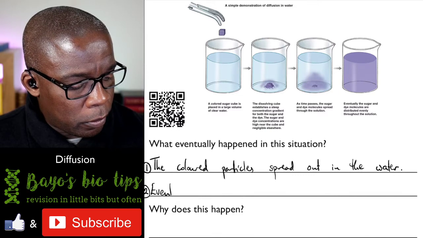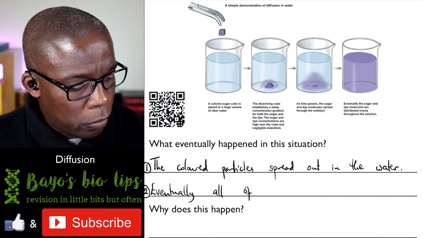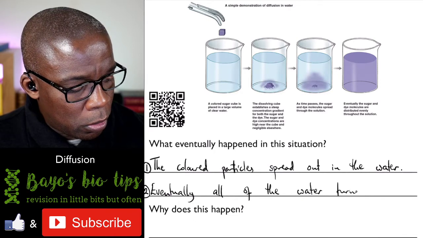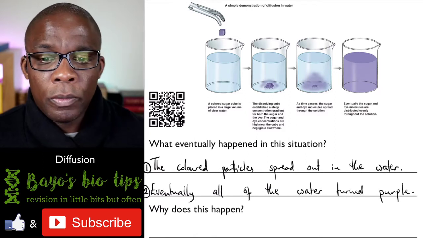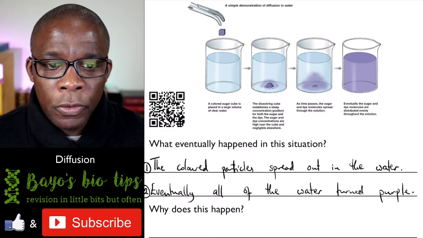Eventually, all of the water turned purple. Okay, so that's a brief illustration of how diffusion works.